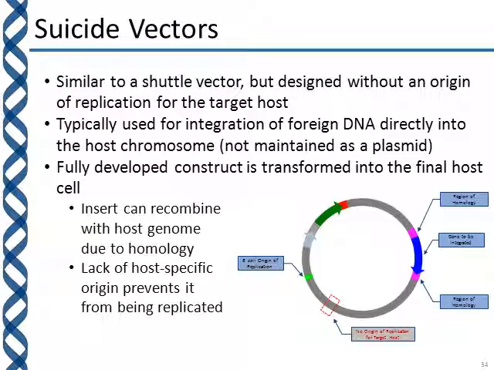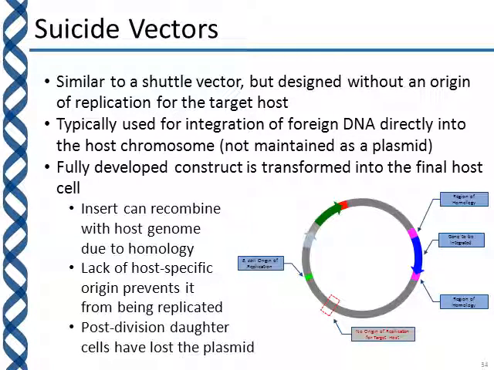Again, as we showed in the earlier one with the shuttle vectors, there was a second origin of replication for the host cell, which does not exist in these suicide vectors. So post-division daughter cells have lost the plasmid.